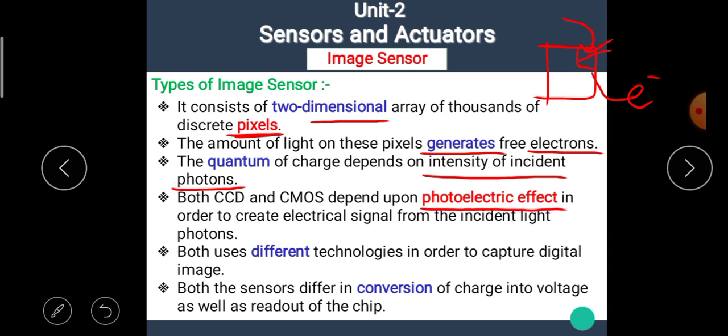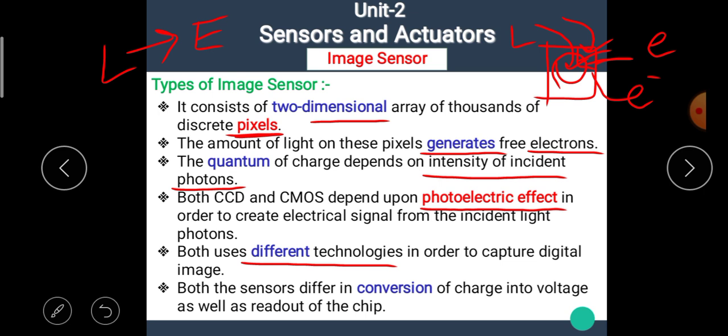We know that the photoelectric effect states that it converts light energy into electrical energy. This light is incident on this pixel. This pixel contains the material which is sensitive to light. That means there is a conversion of light energy into electrical energy in each pixel. Okay, both use different technologies in order to capture digital image.